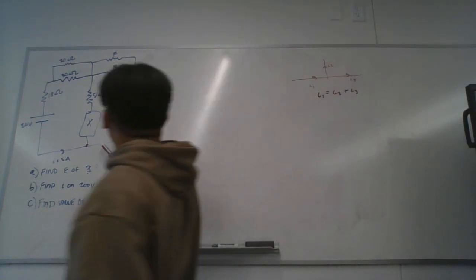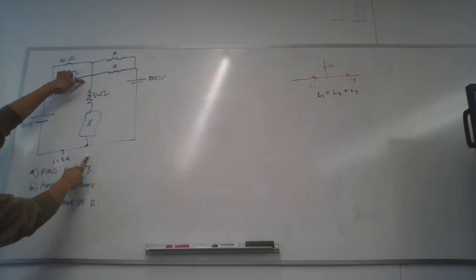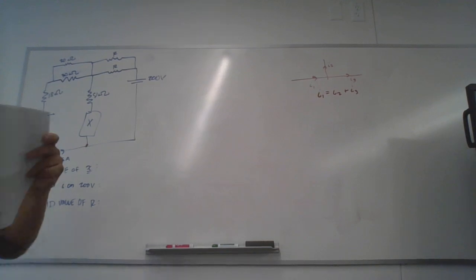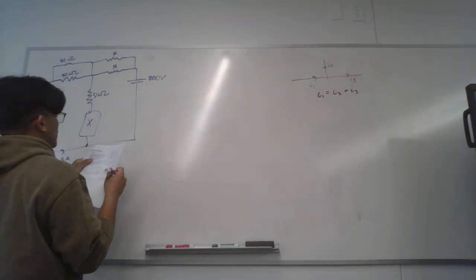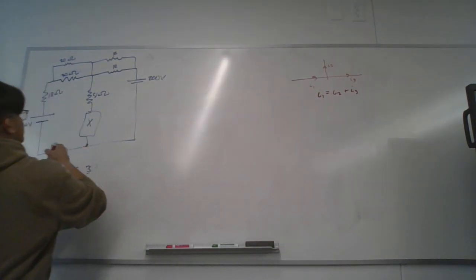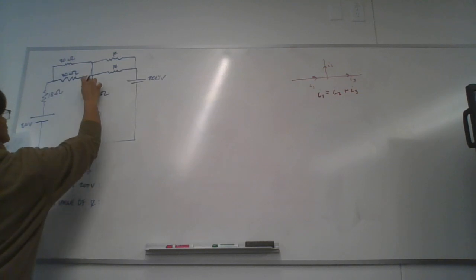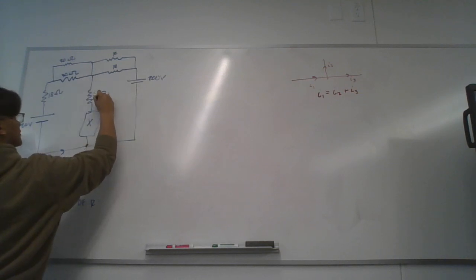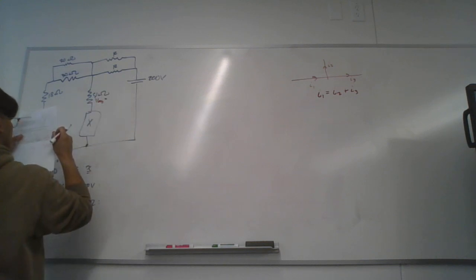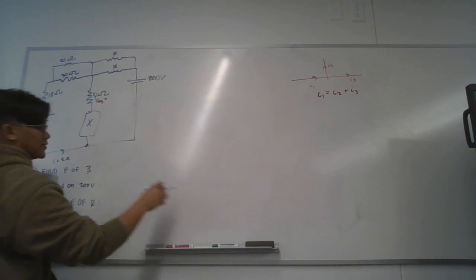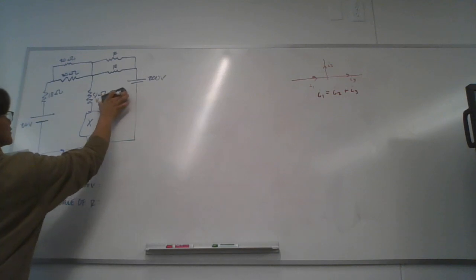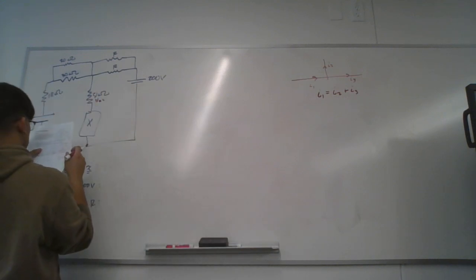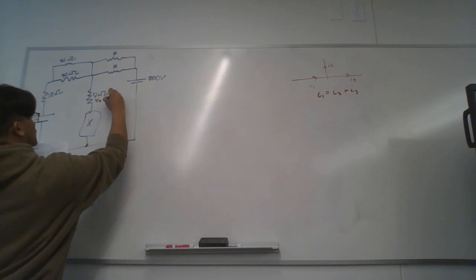We can actually find I2, the current going through this middle wire, because we are given the voltage across this 8 ohm resistor. VR is equal to 16 volts.